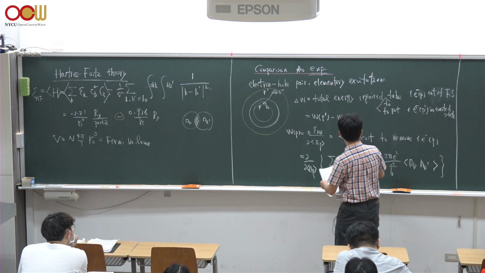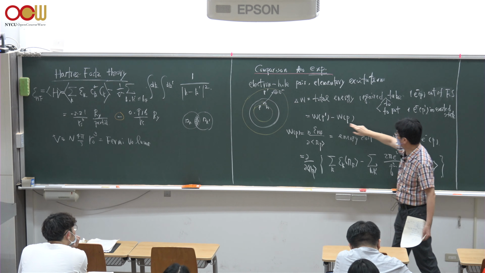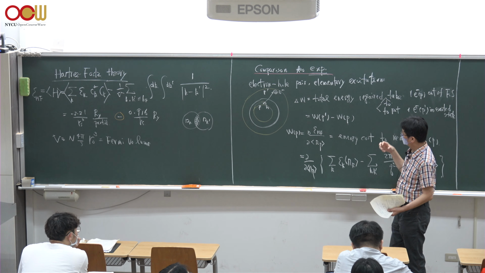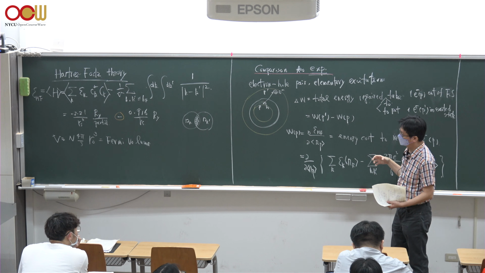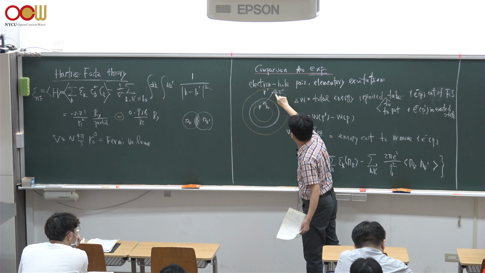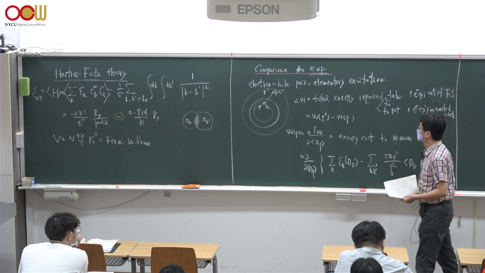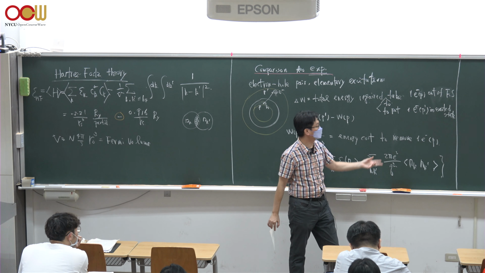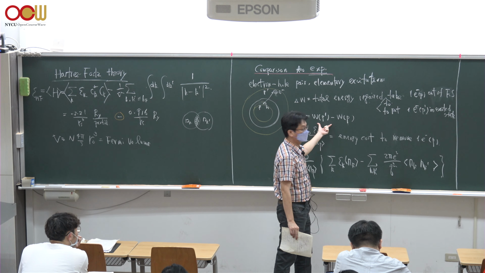And the total energy cost is given by the subtraction of these two energies, because when you remove electrons, it costs you energy, but then you put these electrons into the excited state, then you gain energy. Okay, so the total energy required to take one electron out of the Fermi surface and put it in the excited state is actually the difference between these two energies.